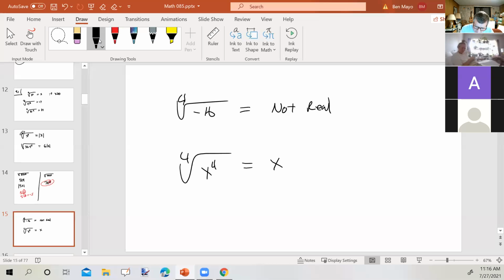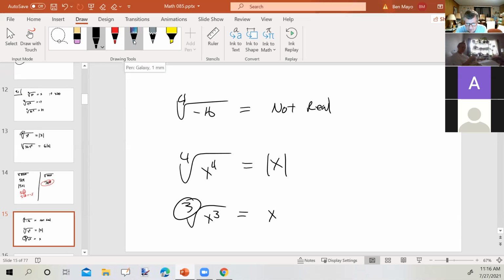So if x is unrestricted, you'd have to make it positive by using absolute value bars. Now, what if you're taking the cube root of x cubed? When the root or the index is odd, you can have a negative answer. So when it's an even index, the radicand, the stuff inside, can't be negative and the answer can't be negative. But if it's an odd index, you're okay either way.